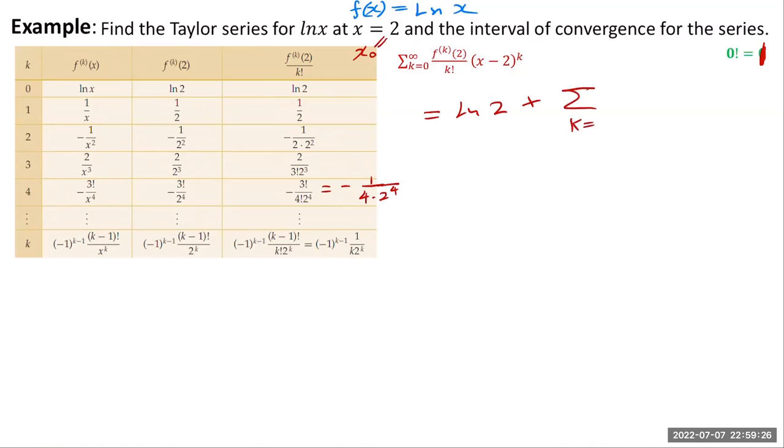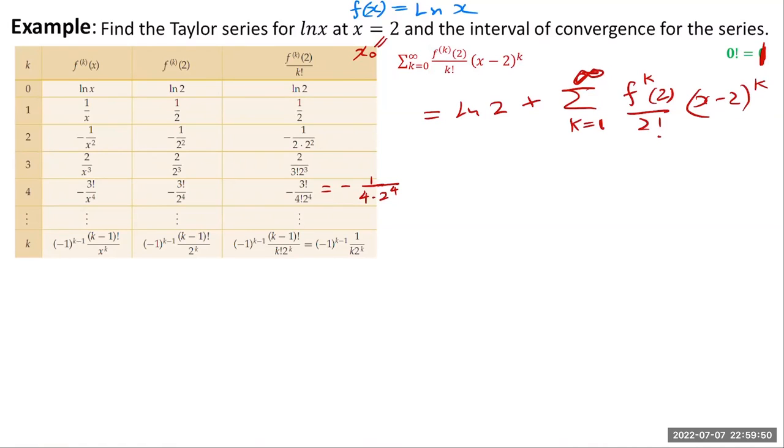Now, the starting index is 1, because I took off the first term when k is equal to 0. So now I let the index run from 1 to infinity. This is going to be f^(k)(2) divided by k factorial times (x minus 2) to the power k.